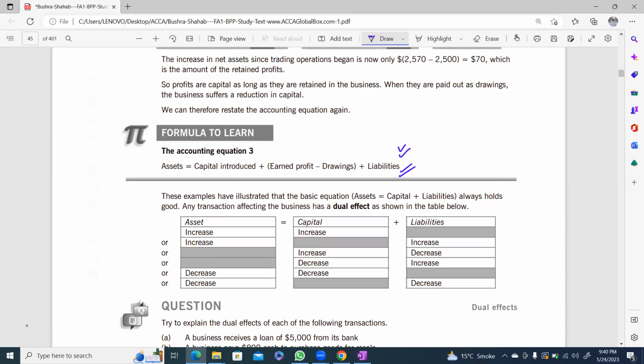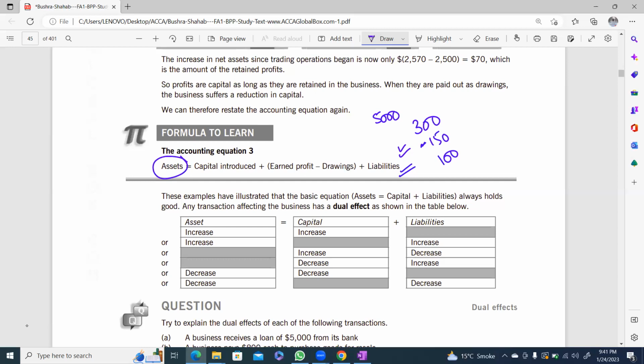For example, if they ask you in the exam to find the value of assets, and capital introduced is 5,000, the profit is 300, drawings are 150, and liabilities are 100, you will substitute the values in the equation and find the missing value.